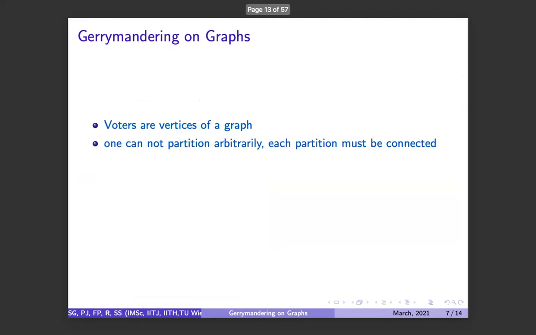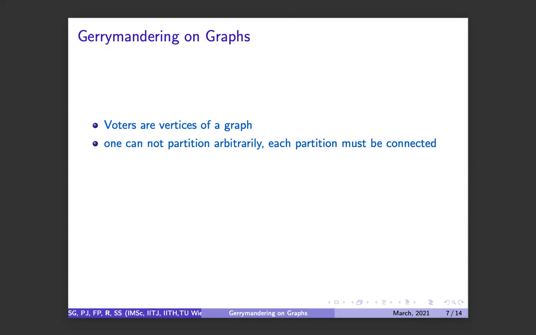In the previous North Carolina example, there was a set of voters, and we wanted to partition it into some number of districts. The red candidate basically drew the district lines in such a fashion that they win a large number of districts, right?